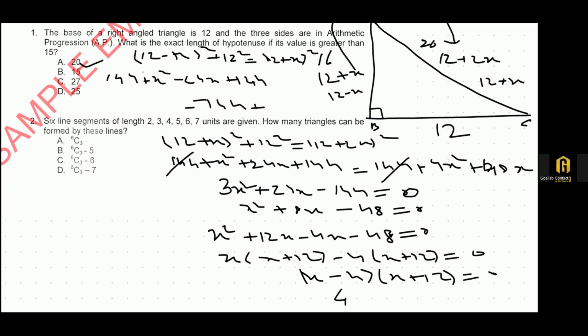We can cancel out x square. We can cancel out 144. We are left with 144 is equal to 48x. x is equal to 4.